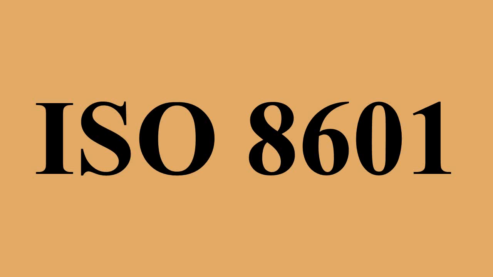RFC 3339 deviates from ISO 8601 in allowing a zero time zone offset to be specified as -00:00, which ISO 8601 forbids.